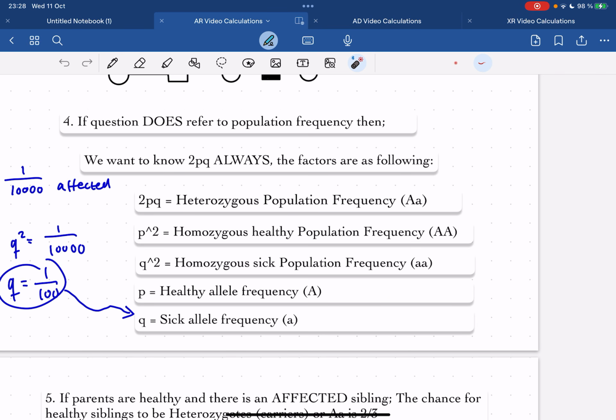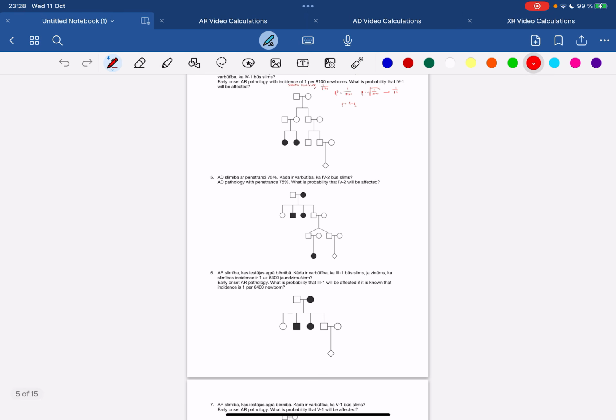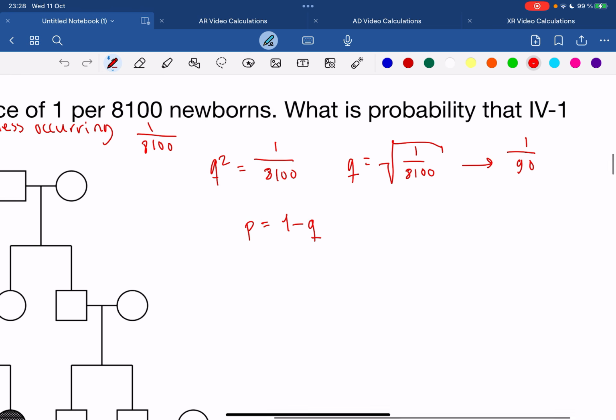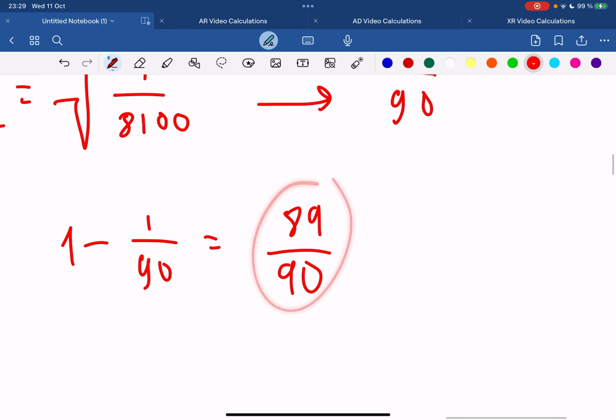It doesn't matter. So P equals 1 minus Q, which is 1 minus 1 out of 90, equals 89 out of 90. And for P, we can always round it up to 1.